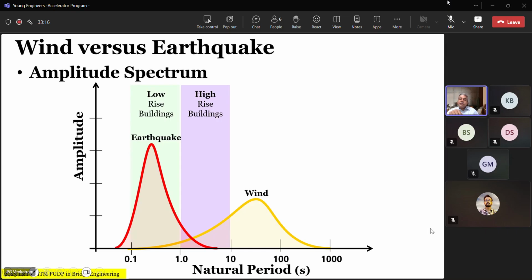So what it comes down to mean is, you must develop over a period of time the judgment of which phenomena is likely to be more critical, earthquake phenomena or wind induced phenomena.